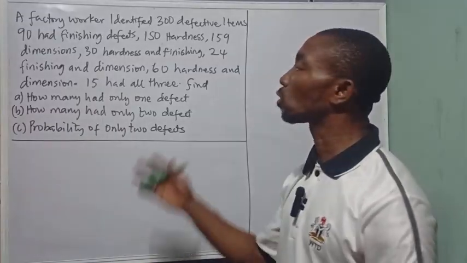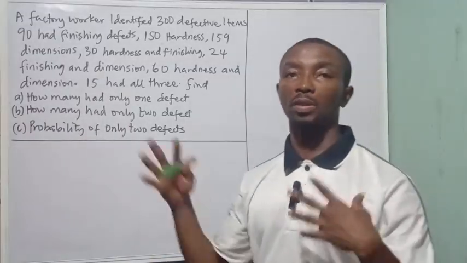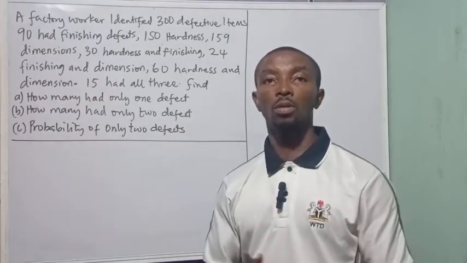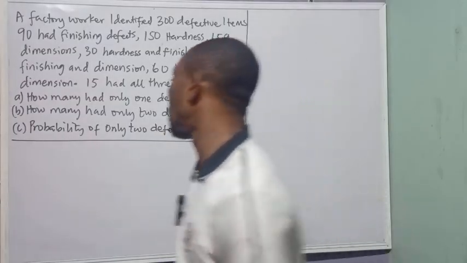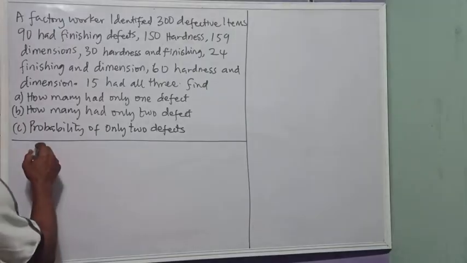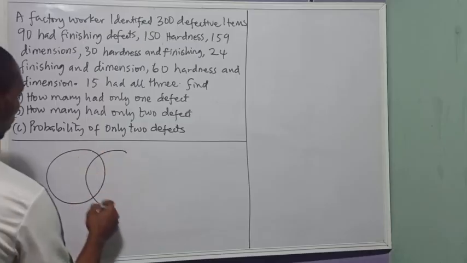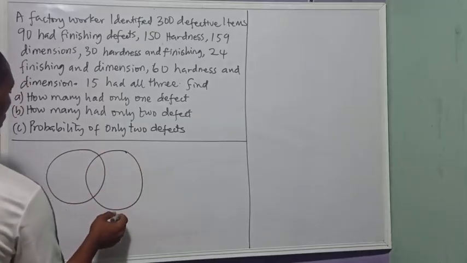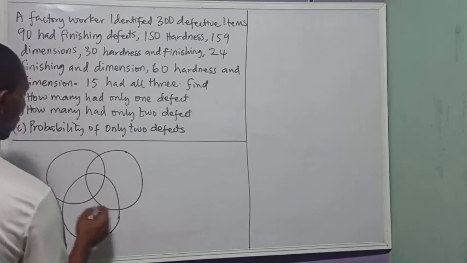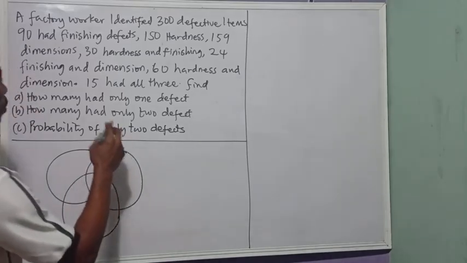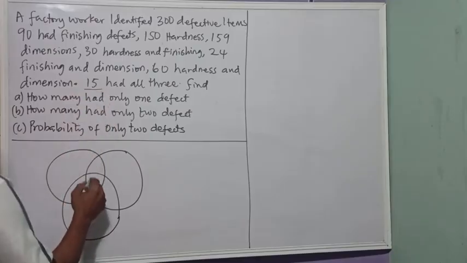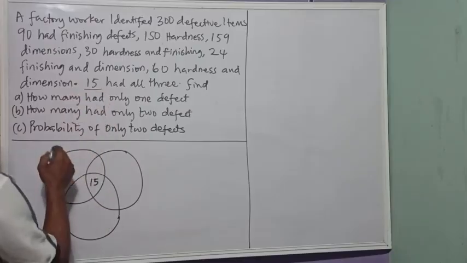Now, for us to understand this better, let's try to represent this information on a Venn diagram. Okay, so if we have a Venn diagram, since there's an intersection of all three defects, 15, we would write it here.